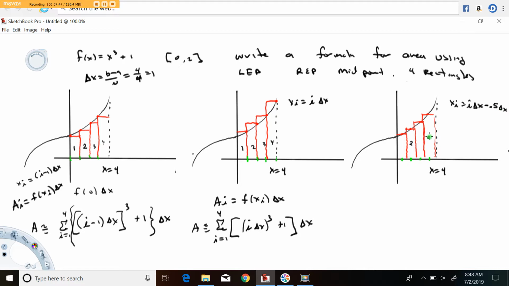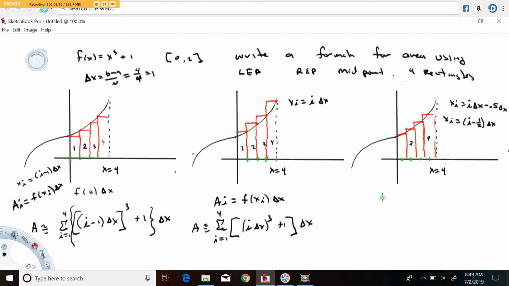Look at the fourth one. 4 delta x's puts us here, right? 4 times delta x, that would put us right there. Subtract 0.5 delta x puts us right there. So here's a formula here. We could write it different ways. I like to just leave it like this, but you know, if you wanted to, we could factor the delta x out and write this i minus 1/2 times delta x. That's the same thing.